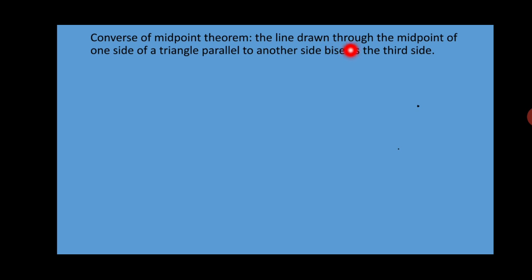Now, let us say the converse of the midpoint theorem. The line drawn through the midpoint of one side of a triangle parallel to another side bisects the third side.